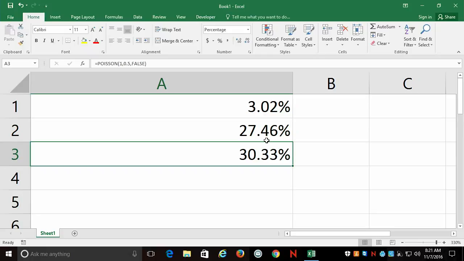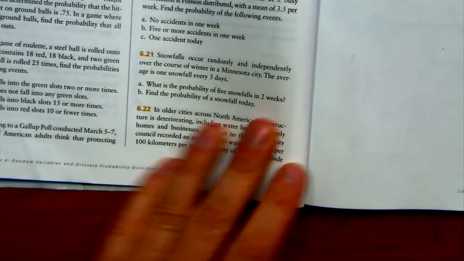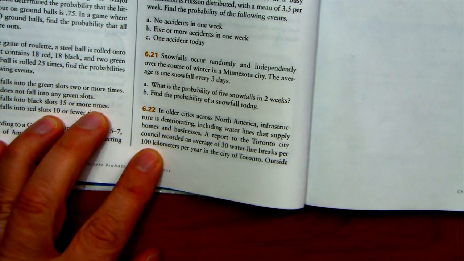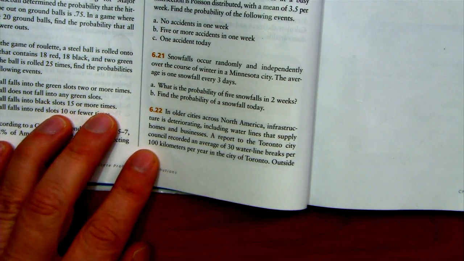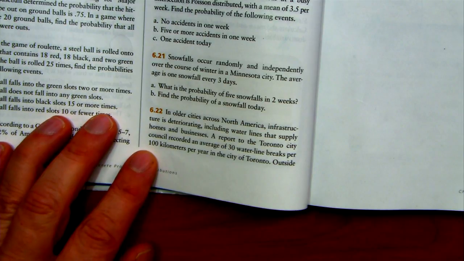Might as well do, let's do number 22. The reason I want to do number 22 is the one we just did was over time, which is very common, but it looks like number 22 is over a region or space. So it says, in older cities across North America, infrastructure is deteriorating, including water lines that supply homes and businesses.